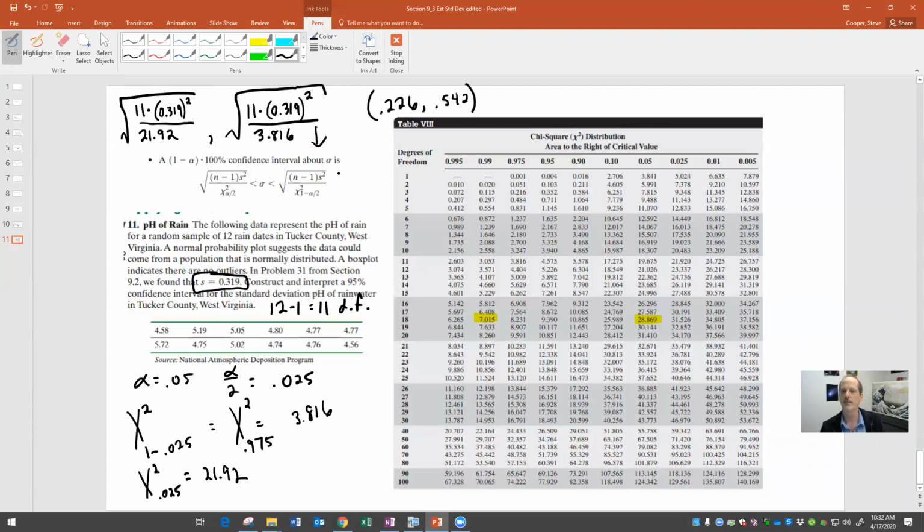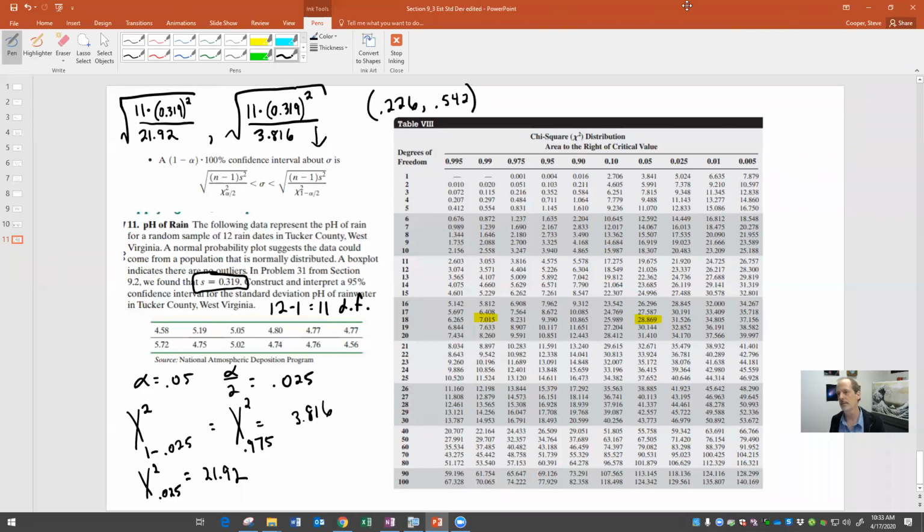Okay, so this is just saying that we are 95% confident that the pH of rain in Tucker County, West Virginia, the standard deviation is between 0.226 and 0.542.